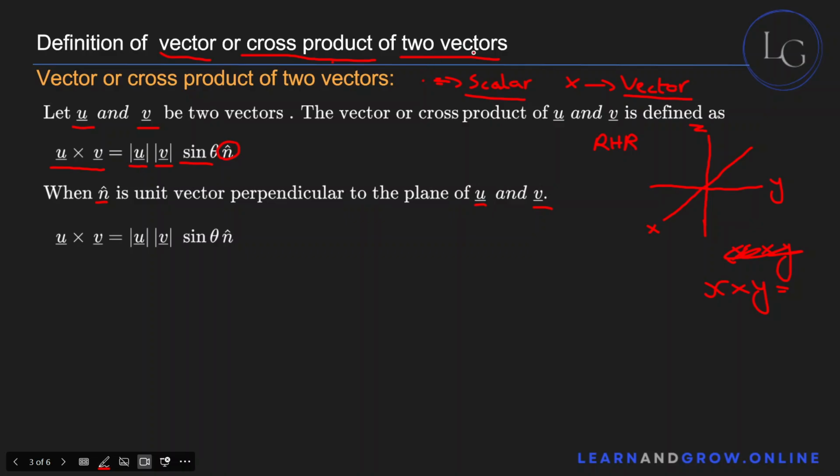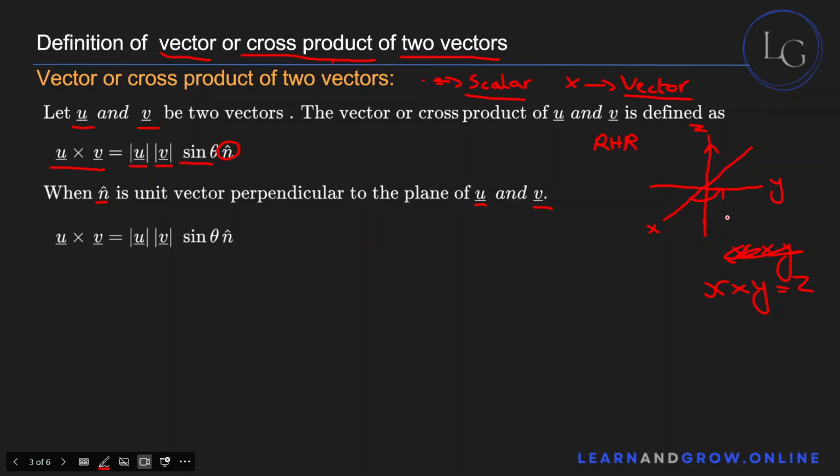So if it says x cross y, what you have to do is curl the four fingers apart from the thumb from x towards y, right? And then you will see that the thumb points towards the positive z-axis.